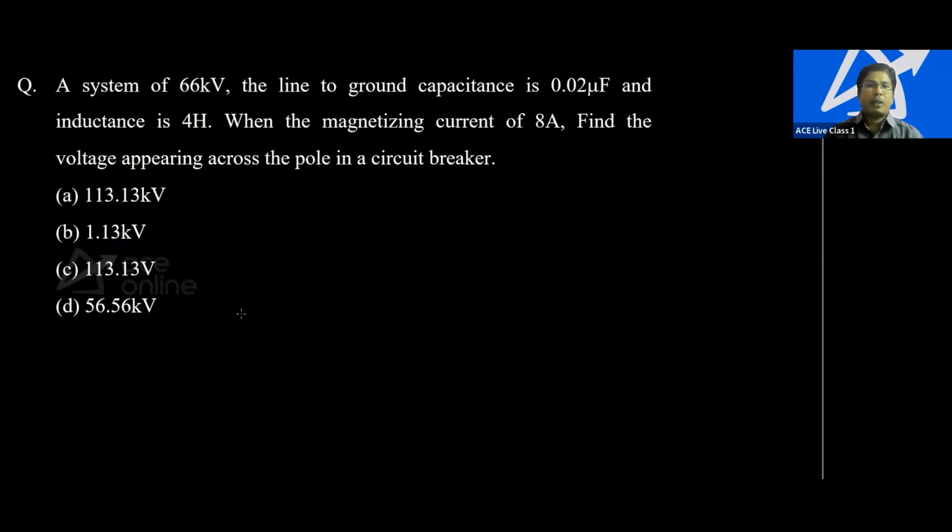Anybody, please try to solve the problem. The system is of 66 kilovolts. The line to ground capacitance is given 0.02 microfarad and inductance of the transmission line is given 4 Henry and the magnetizing current is given 8 amperes. Find the voltage across the circuit breaker contacts.